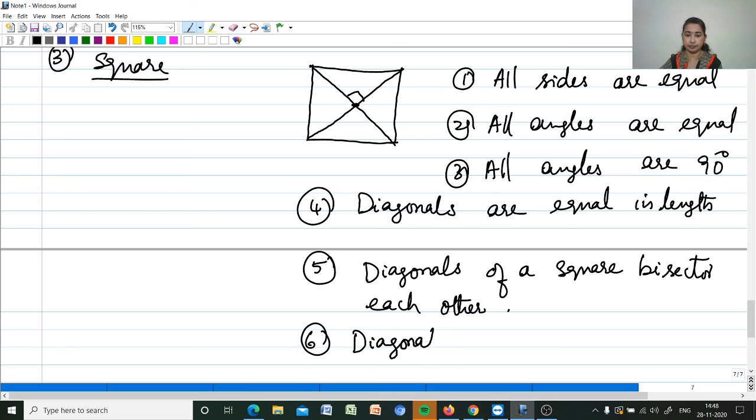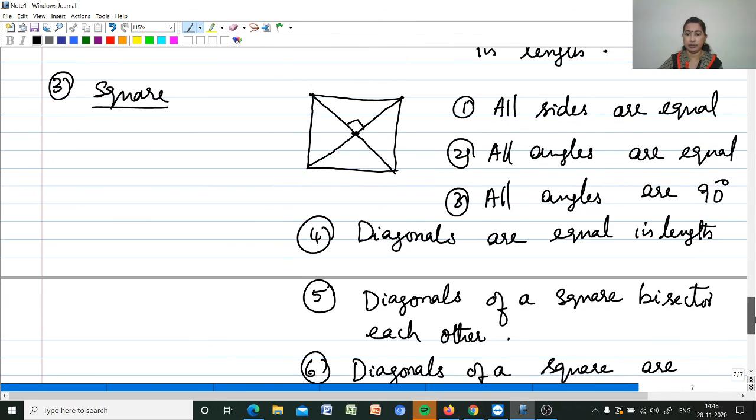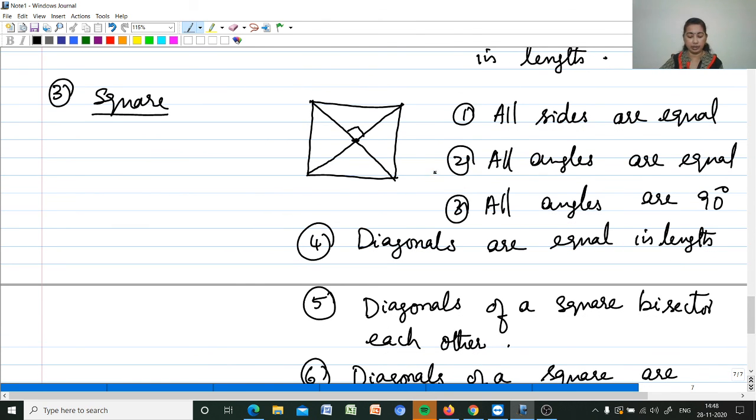So they are perpendicular to each other, they bisect each other, and they are of equal length. All the angles of a square are 90 degrees, and all sides of a square are equal.